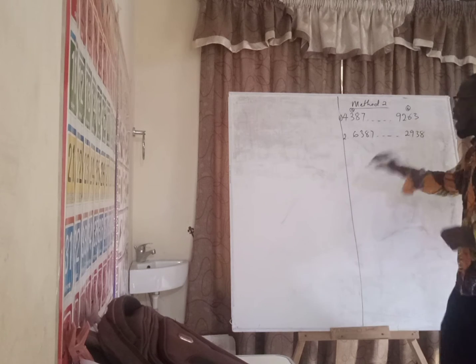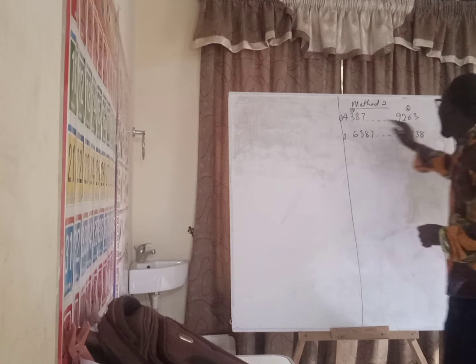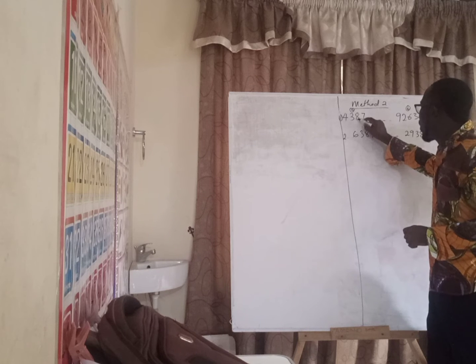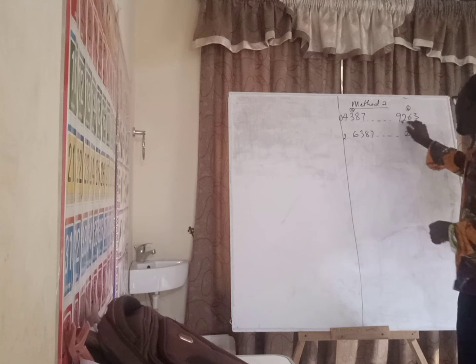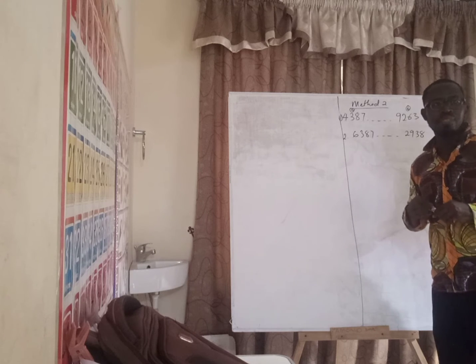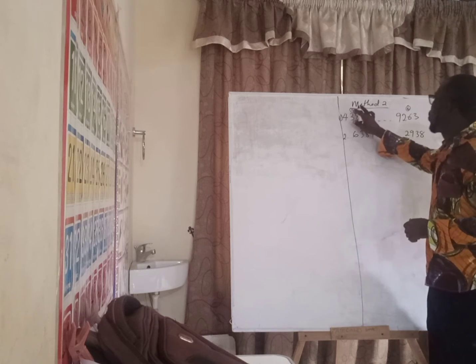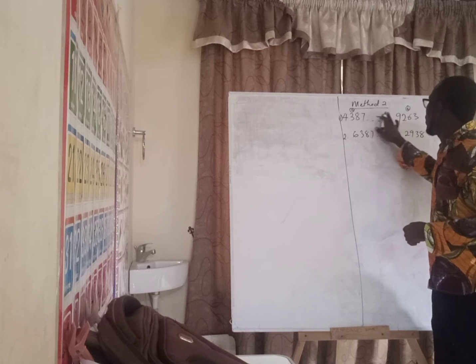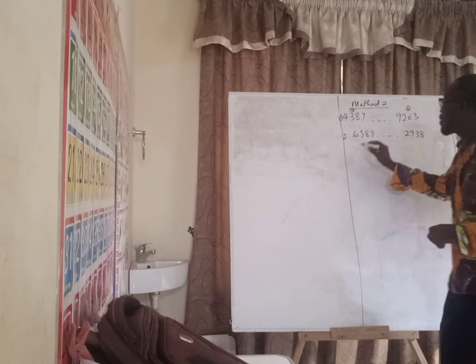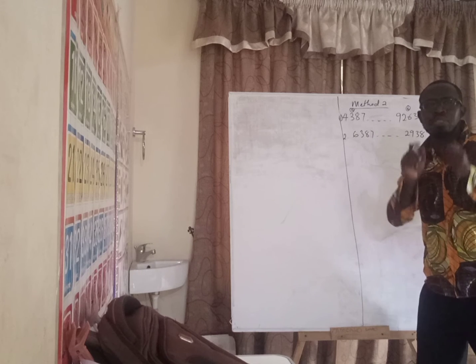4. You realize that this 4 is the same as this 4, meaning that the individual numbers here are 4 and the individual numbers here are also 4. If that is the case, then do we write equal sign here? No. We cannot write equal sign there because we will now introduce the second method.